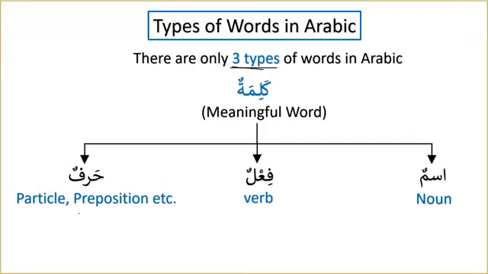We learned huruf in the previous lesson, but those huruf are alphabet, as we discussed that they are used to construct or make words. But these huruf are called particles or prepositions. So these are meaningful and they will have their own meaning, and inshallah, when we proceed further, we will see in detail. So we have ismun, fi'lun, wa harfun.